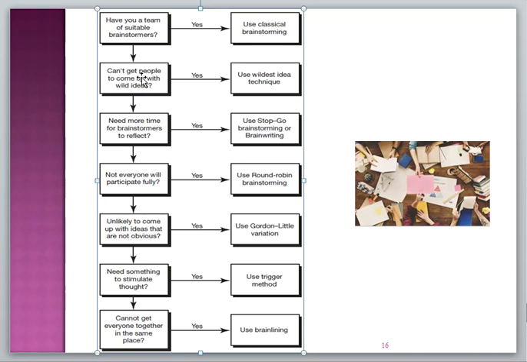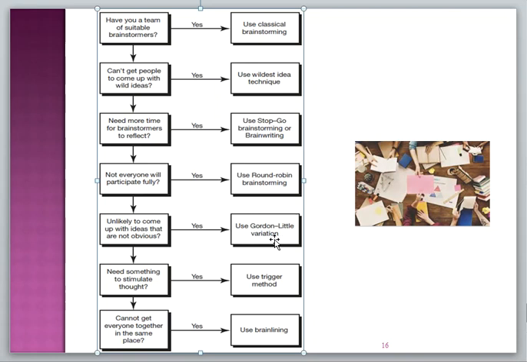Whenever you would like something that is not traditional, use the wildest idea variant. Whenever you need more time for brainstorming to reflect, when we need people to think, use stop and go. If you would like to make everybody participate, use round robin. If it is preferable that things not be obvious, use Gordon.